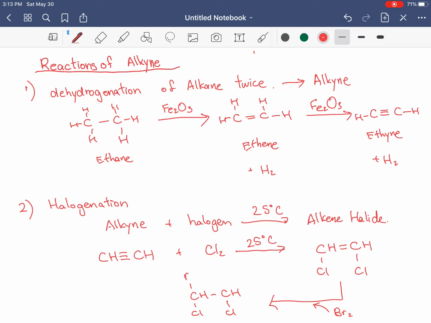So therefore, you're going to get something like that. So halogenation, going from alkyne to an alkene halide. If there's more, you have an alkyl halide, just a double alkyl halide if you want to be specific.